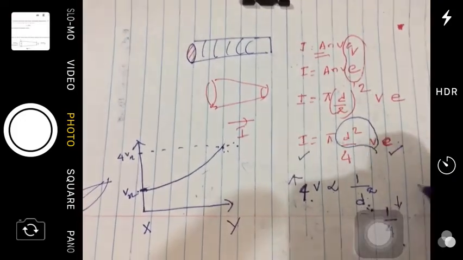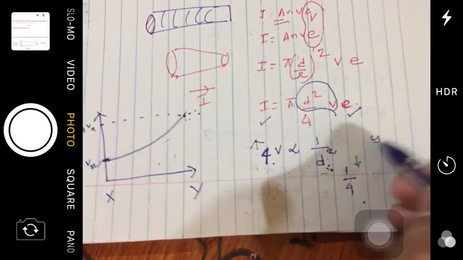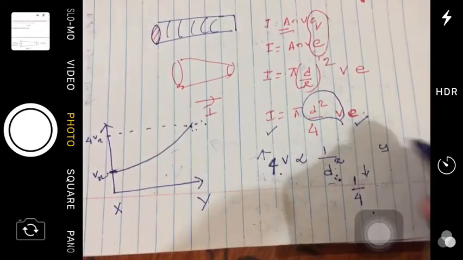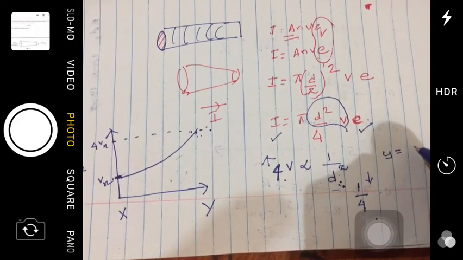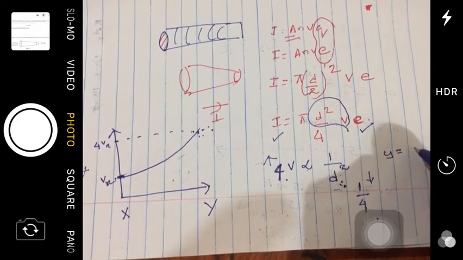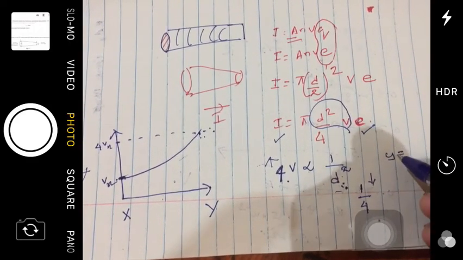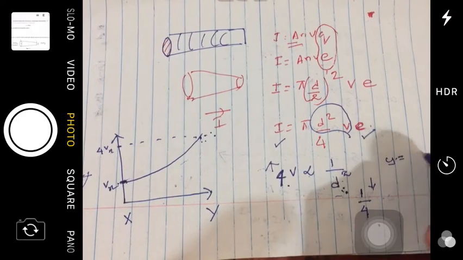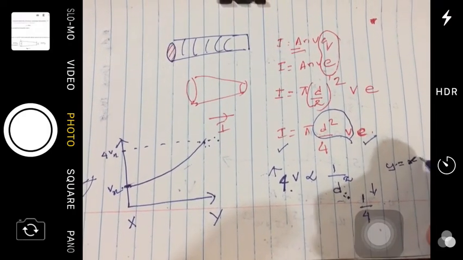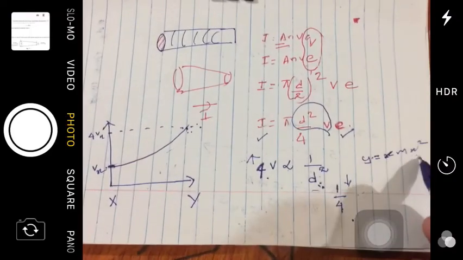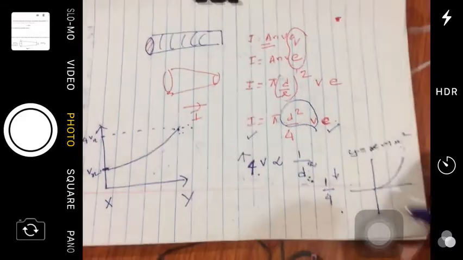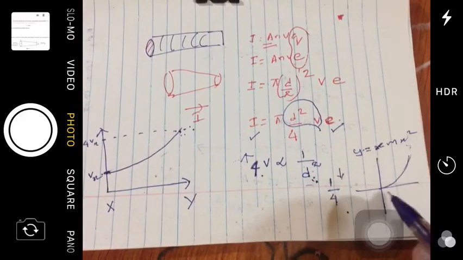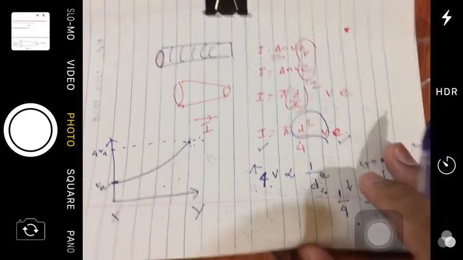When you have two quantities like this, forget about the inverse thing for the time being. If you have a graph of y is equal to mx squared, you would have studied in maths, it would be like this, with an increasing gradient, because as x increases, y would increase rapidly.